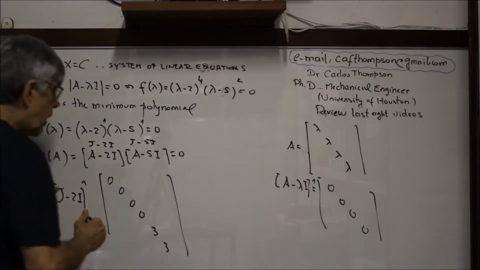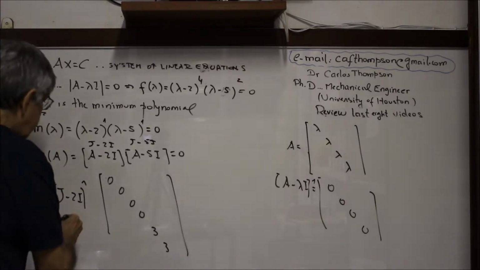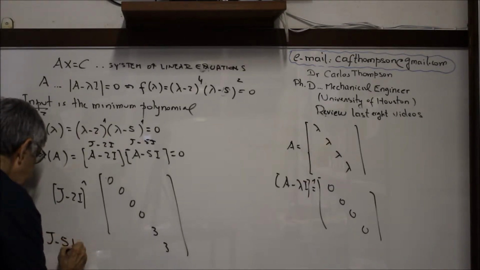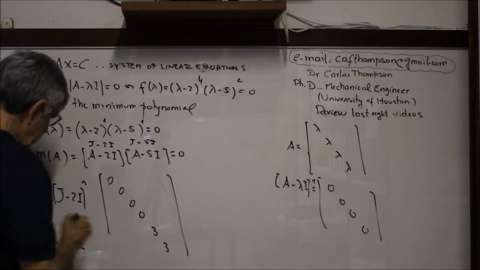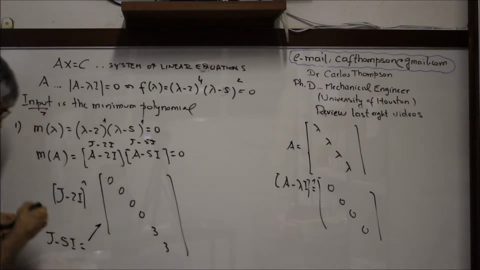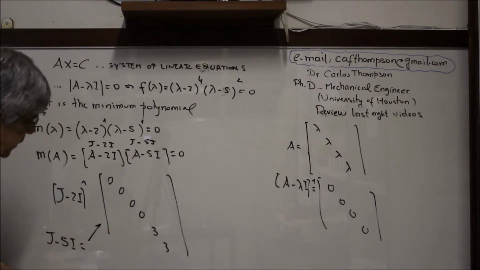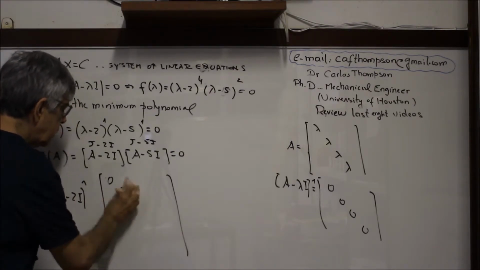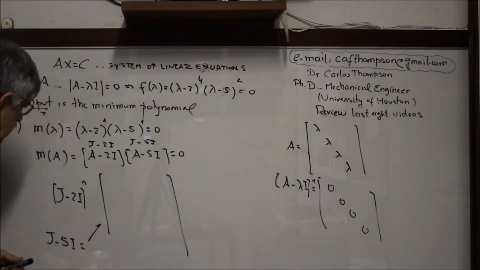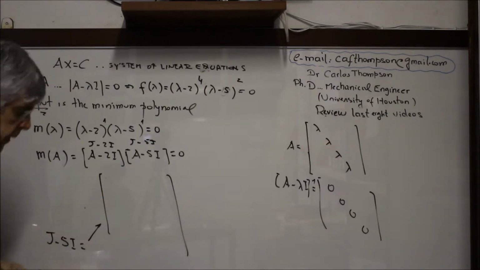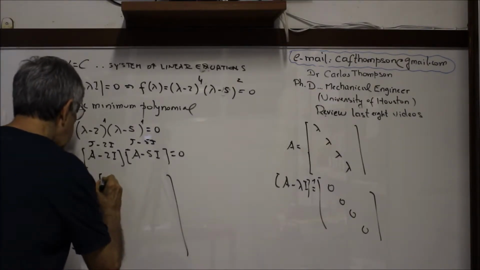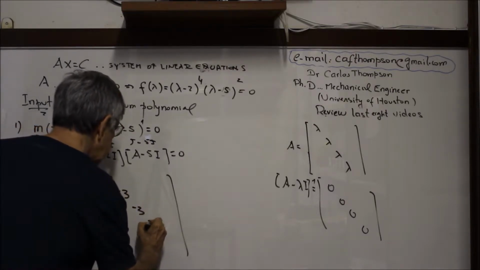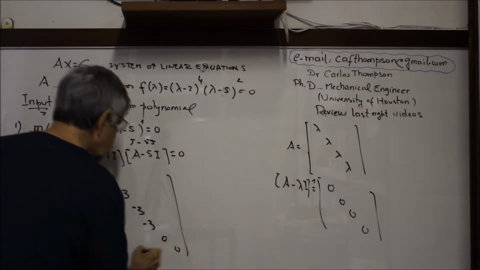Now, let's write down J minus 5I. I'll write it right here. Now, this is 2, 2, 2, 2 minus 5. This will be minus 3, minus 3, minus 3, minus 3, 0, and 0.